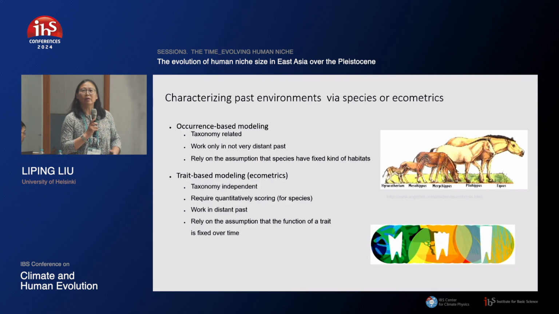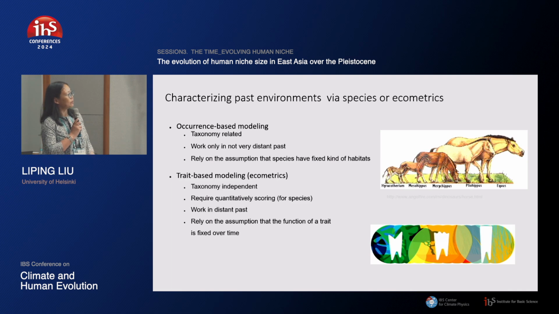I'm a paleontologist, so it's like fossil mammals. It's always good evidence to reconstruct the past climate, but it's not always easy and straightforward. Traditionally, people used species occurrence.